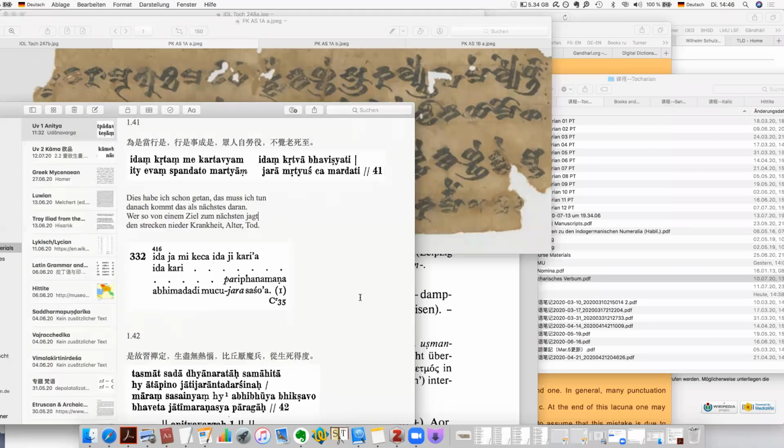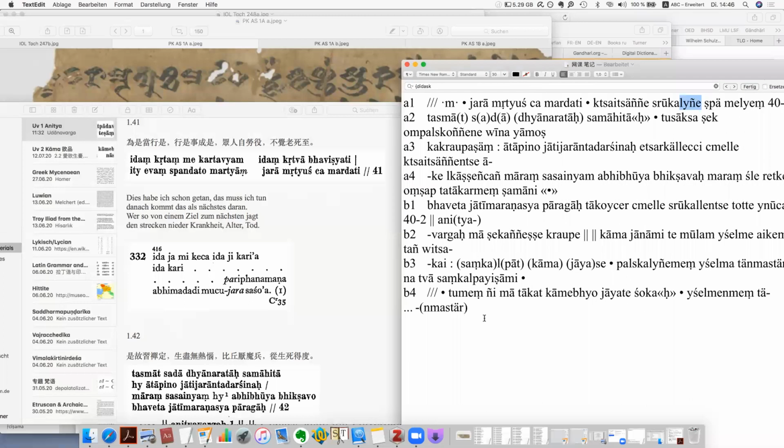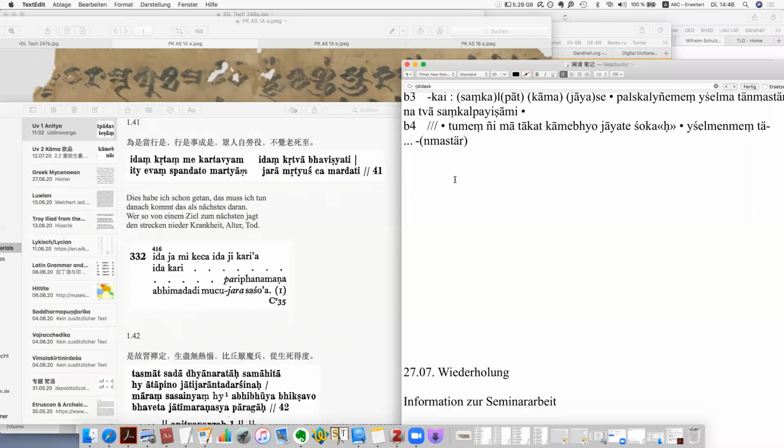Okay, so let's read the text, and we will check it one by one. So idam, I think you know this is a demonstrative pronoun, meaning this. It is neuter.